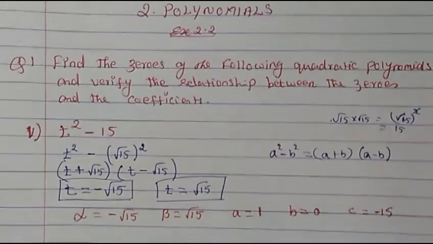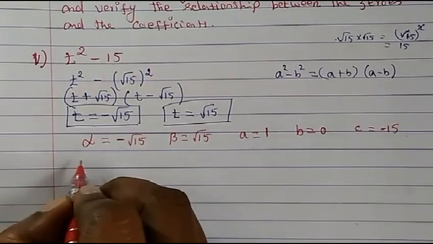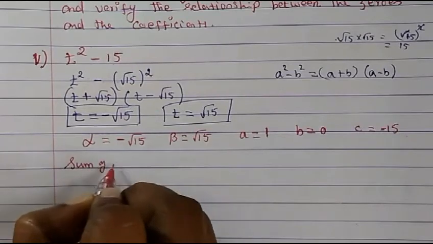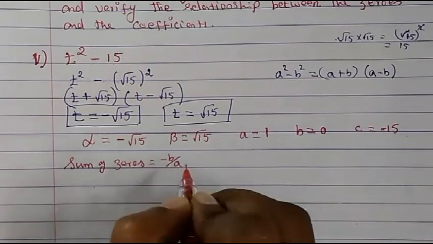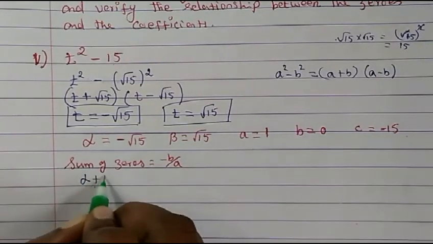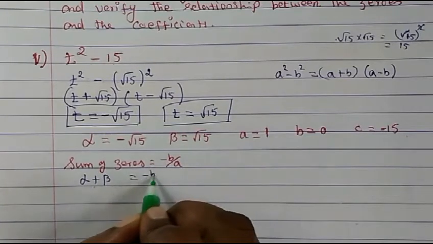So now let's verify the sum of the zeros. Sum of zeros equals minus b upon a. So sum of zeros means alpha plus beta equals minus b upon a.